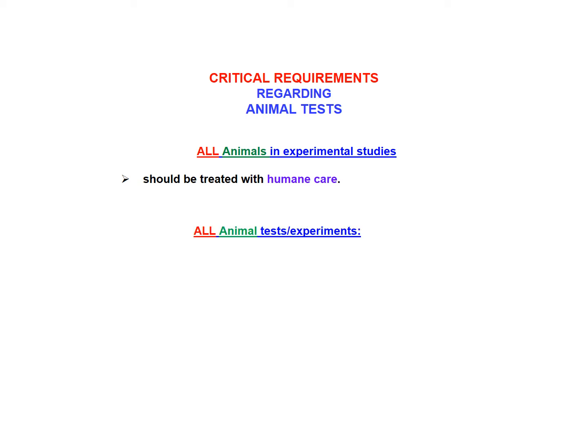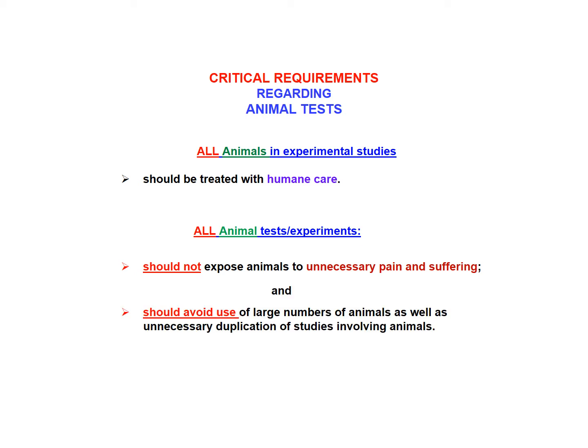What that involves is that all animal tests and experiments should not expose the animals to unnecessary pain and suffering, and large numbers of animals should not be used. In fact, large numbers of animals should be avoided if there is unnecessary duplication of pertinent studies.